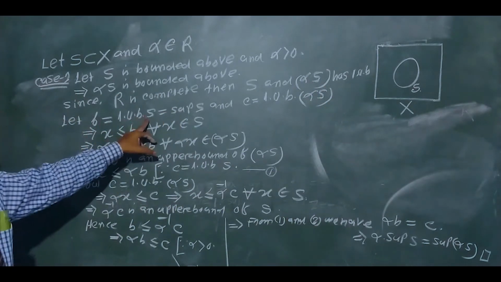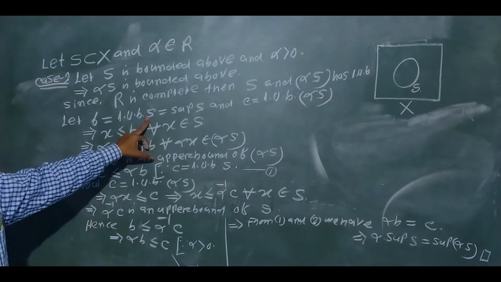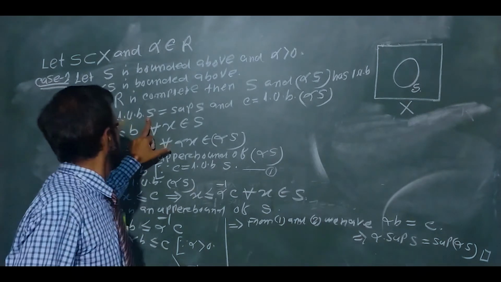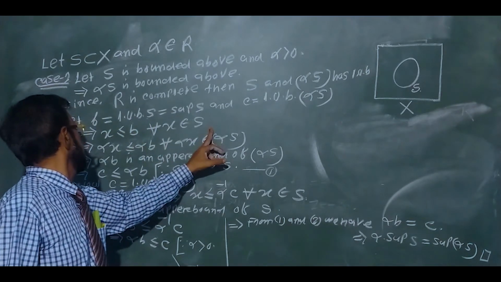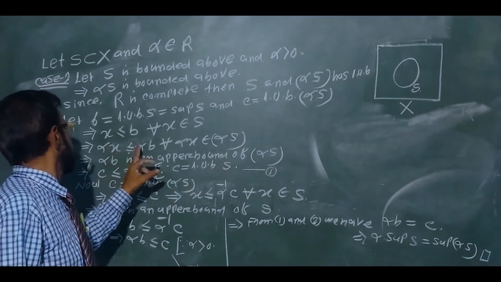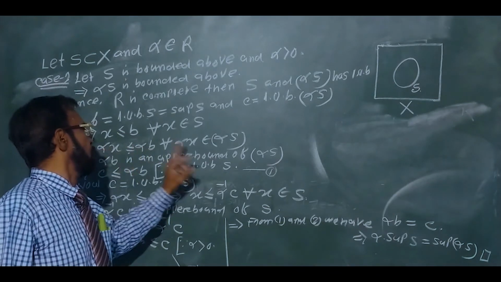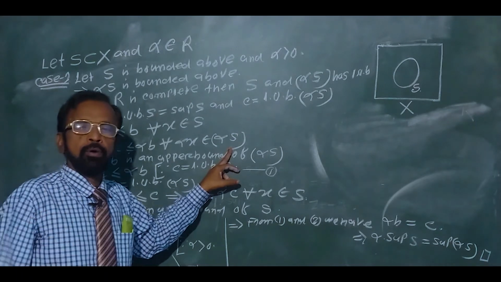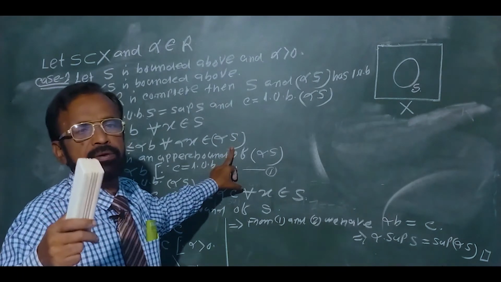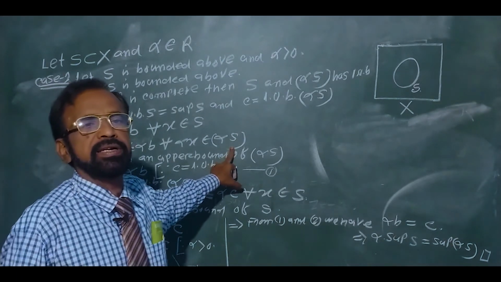Since B is the least upper bound of S, every element of the set S is less than or equal to B, X less than or equal to B for all X belonging to S, which implies alpha X less than or equal to alpha B for all alpha X belonging to alpha S, because alpha is greater than 0. When you multiply by a positive scalar in an inequality, the inequality remains intact.